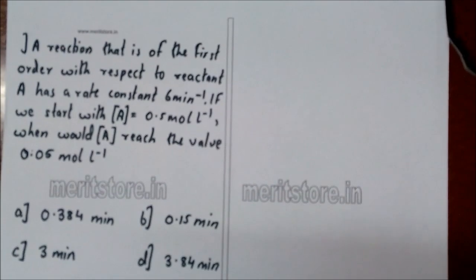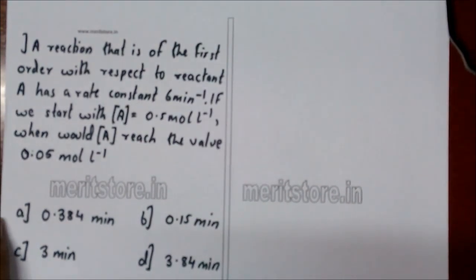A reaction that is of the first order with respect to the reactant A has a rate constant of 6 per minute. If we start with A equal to 0.5 mole per liter, when would A reach the value of 0.05 mole per liter?